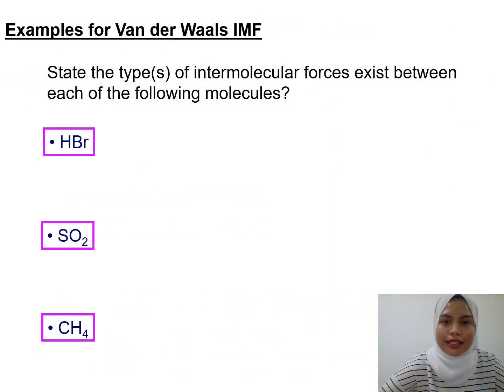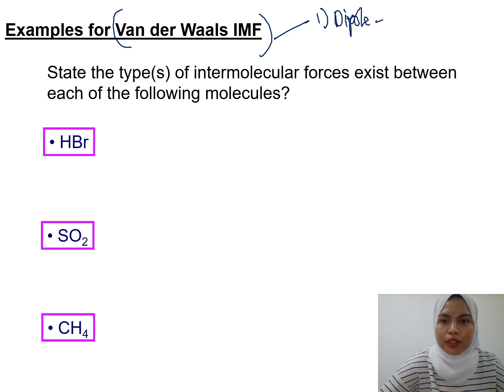Now let's look at the examples for van der Waals forces type of intermolecular forces of attraction. We have two types of van der Waals forces IMF, which the first one ialah dipole-dipole forces. Yang kedua ialah London dispersion forces.